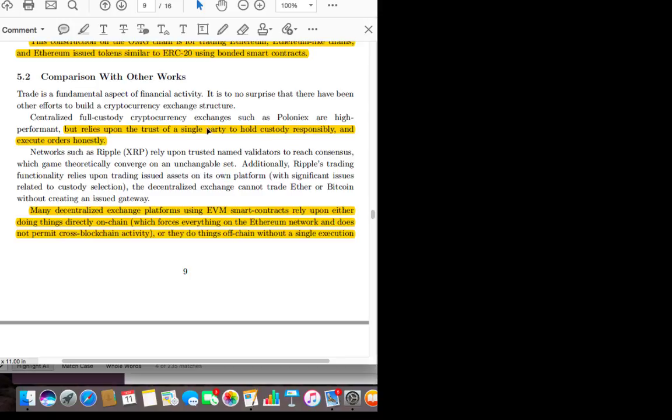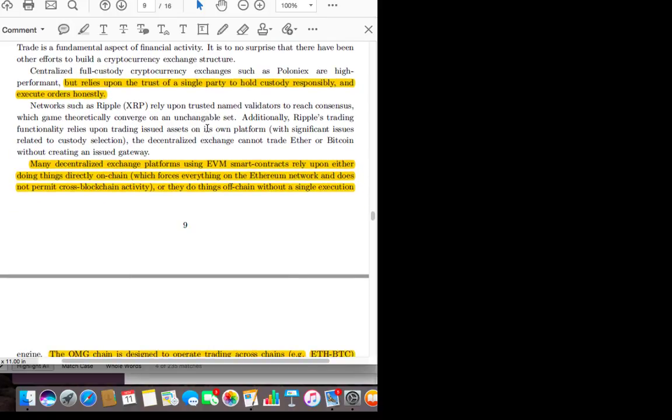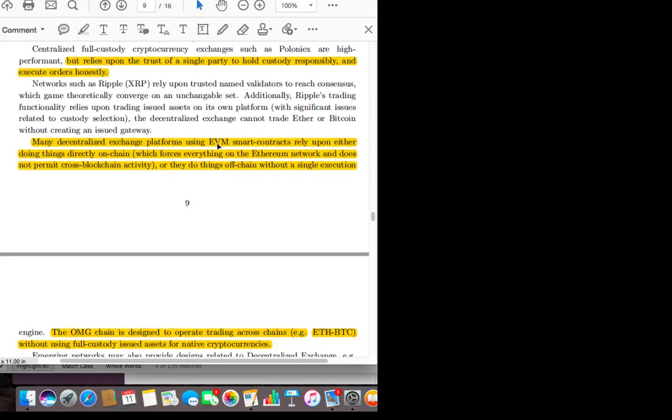And then, again, this is not the only one. There are others like it. I've already mentioned an example of that, being BitShares, which has been around for several years. Many decentralized exchange platforms use the Ethereum Virtual Machine, or EVM. Smart contracts rely upon doing things directly on the chain. The problem with this, guys, and what they're trying to get around, is all the fees that go with that.